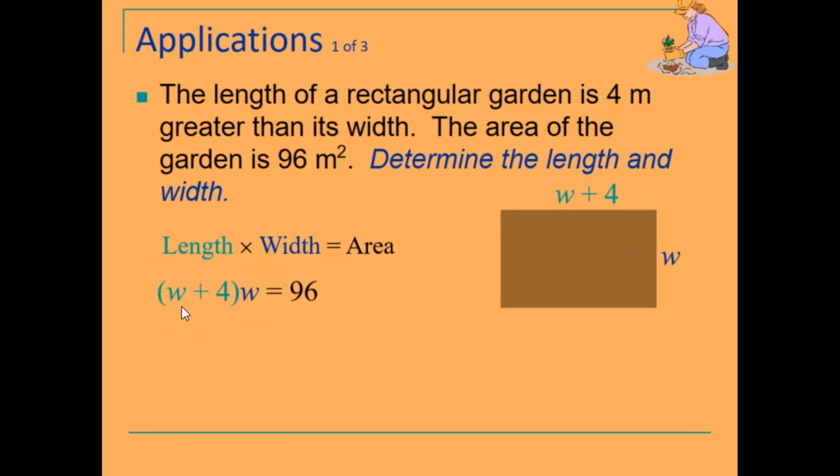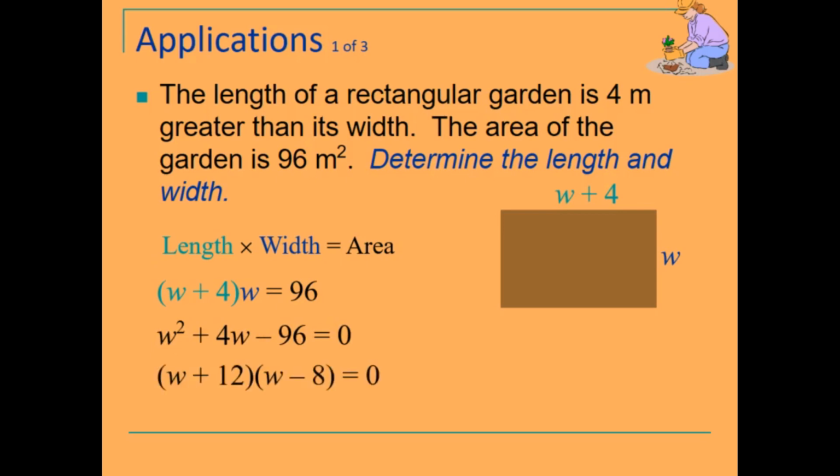Simplifying, we'll use the distributive property. W times the first term, w times the second term results in the following. This is a quadratic equation in a single variable. To solve, we need it in standard form, so subtracting 96 from each side results in all terms on one side and 0 on the other.